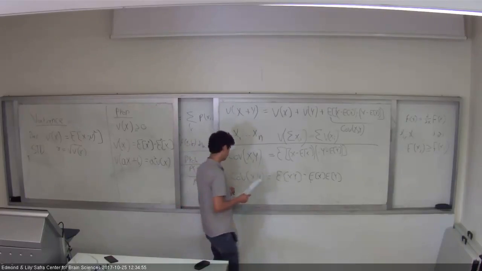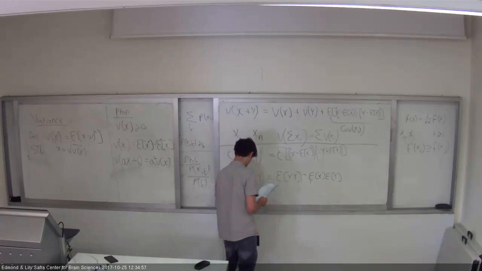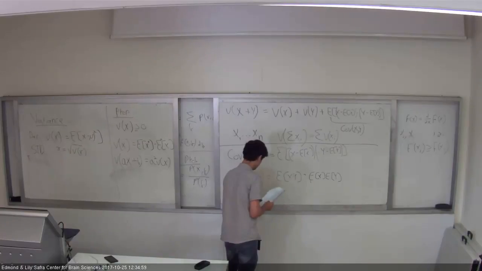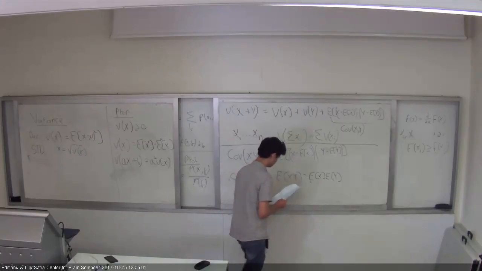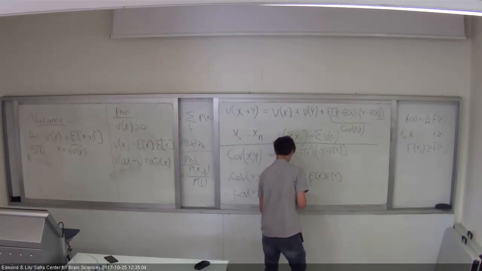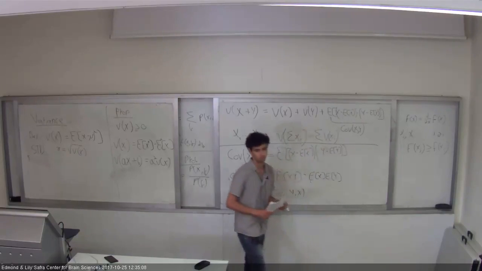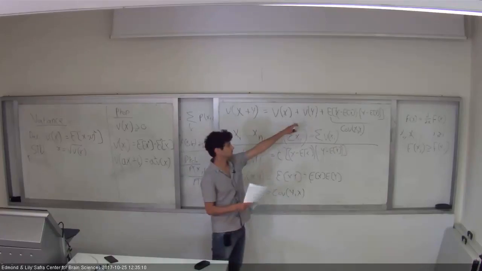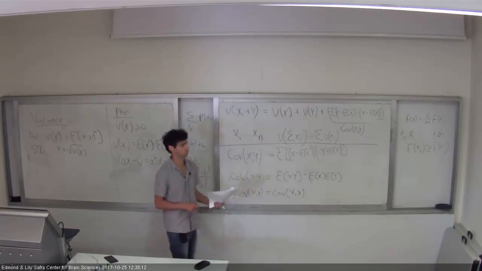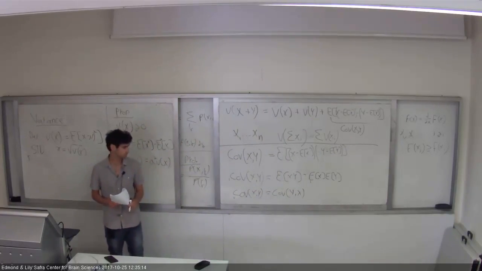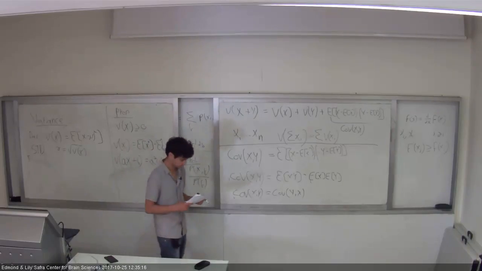That means the covariance of X and Y is equal to the covariance of Y and X, because everything is symmetric here. It doesn't matter.